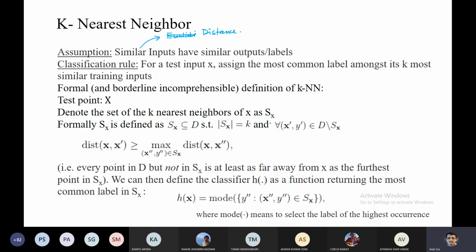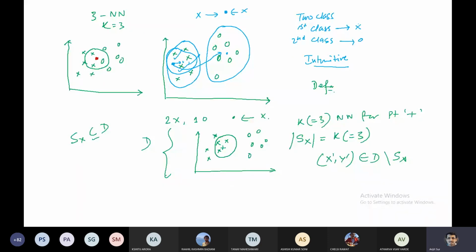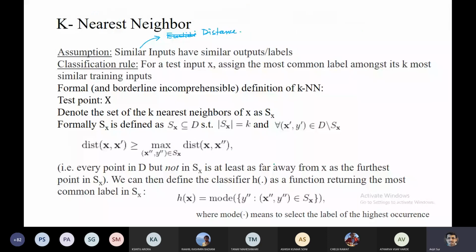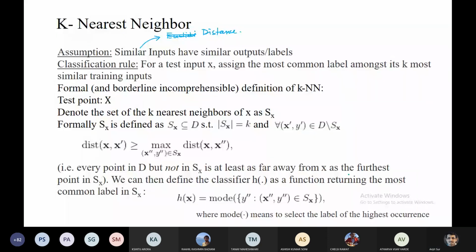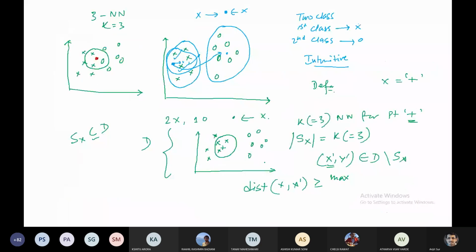If this is so, the distance of x bar, where x is our plus point, the distance for this point x bar is always greater than or equal to the maximum, so the furthest point, of the distance of x double bar.